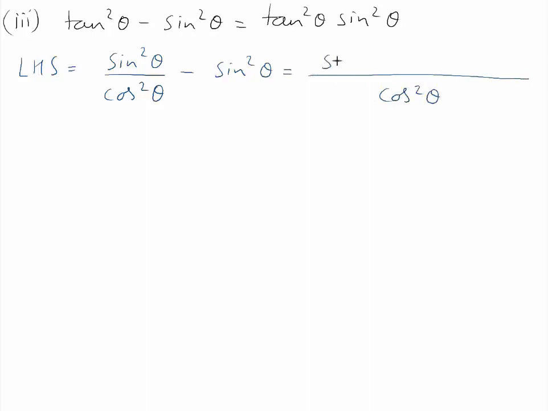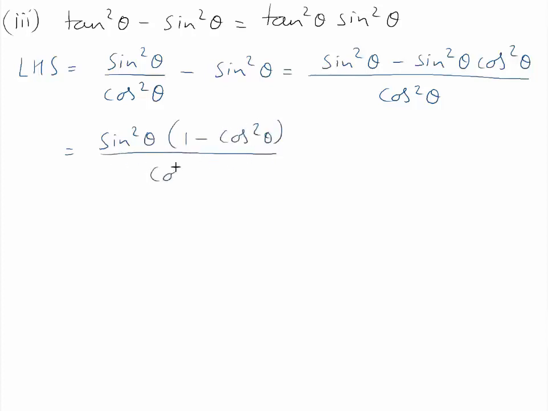Cos square theta, sin square theta minus sin square theta multiplied by cos square theta. Now if you see in the numerator, we can take sin square theta common. We will get 1 minus cos square theta divided by cos square theta.